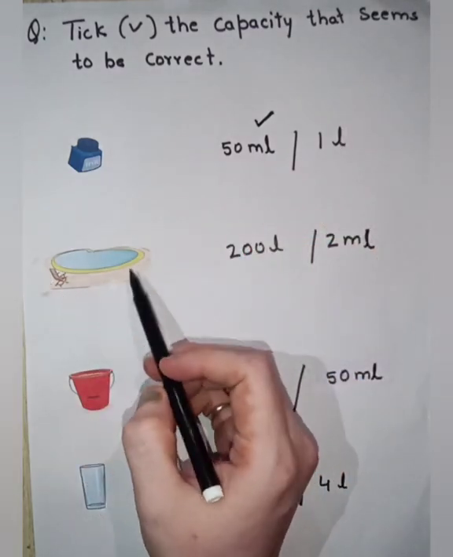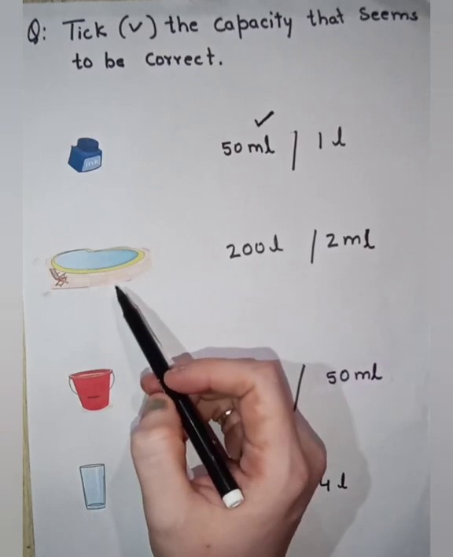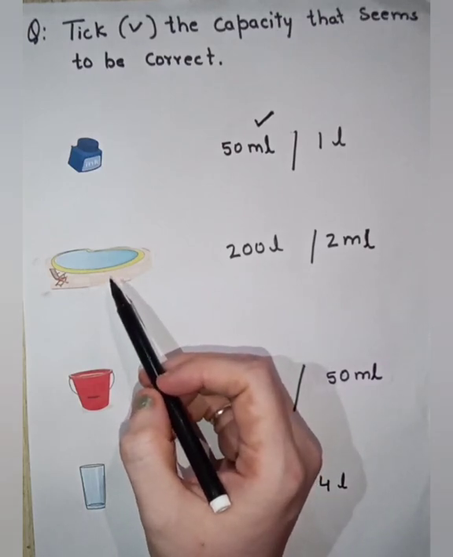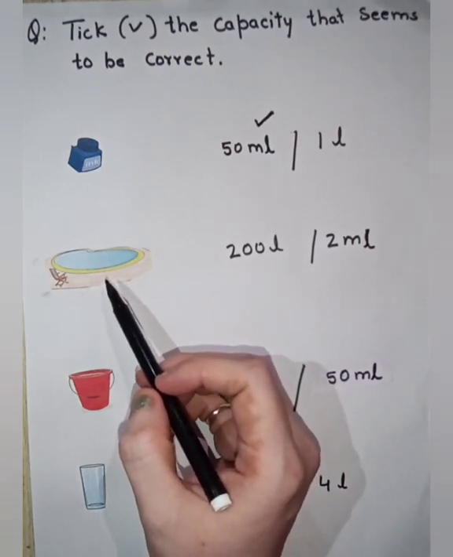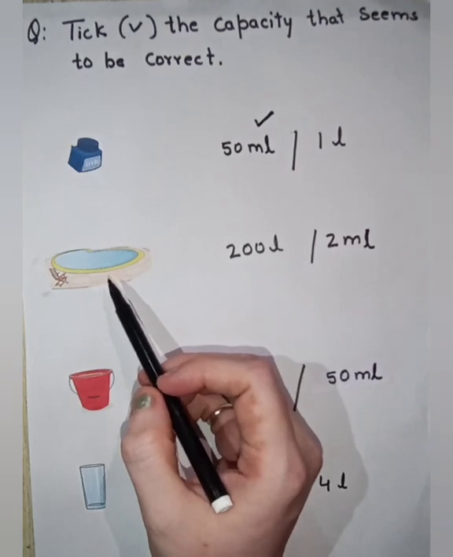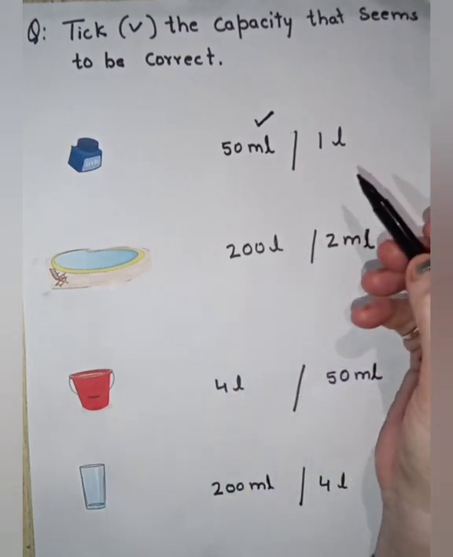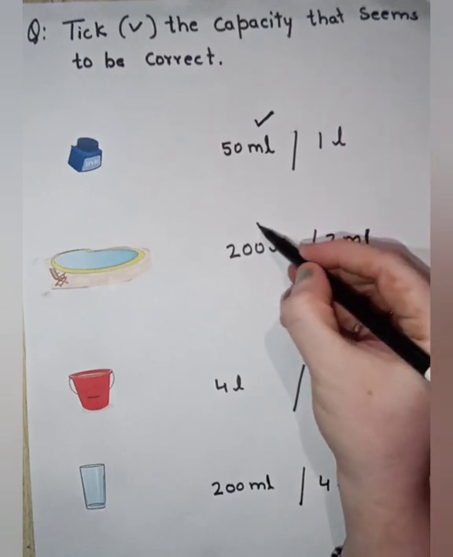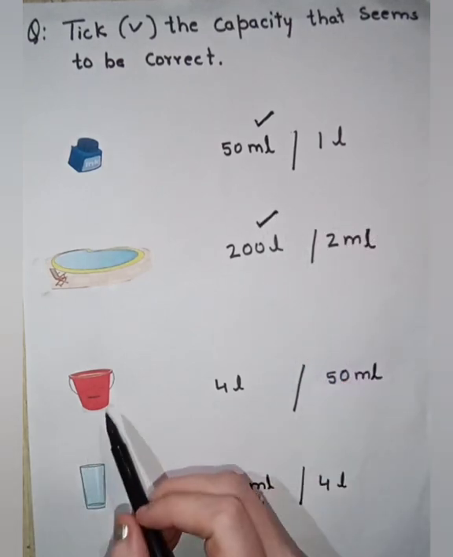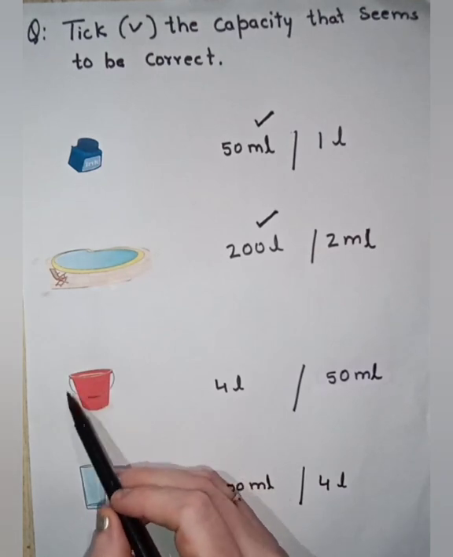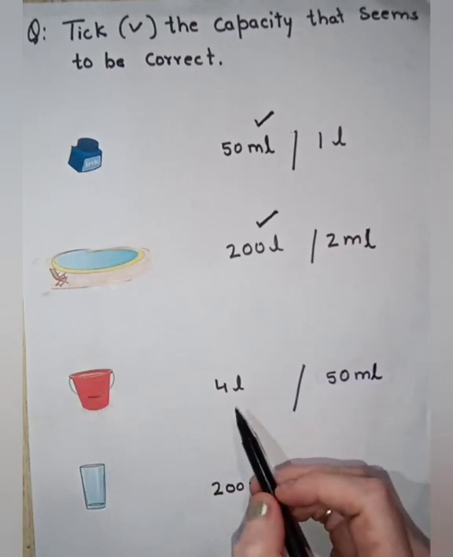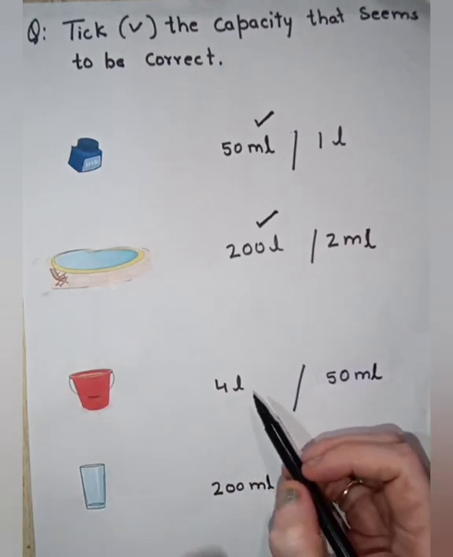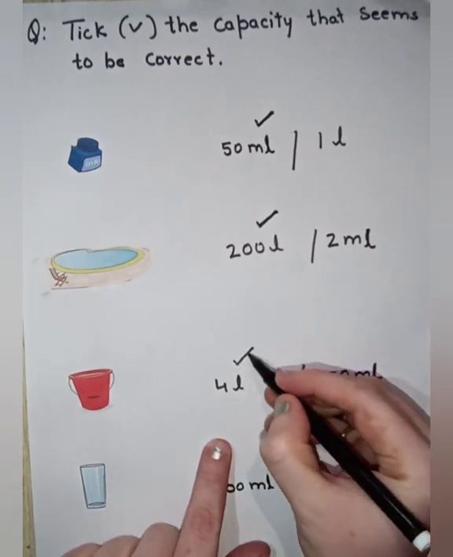Next one, water in a swimming pool. So, in a swimming pool, it means it has large quantity of water. So, we will measure this in liter. So, 200 liter. Next one is a bucket of water again. So, it will be measured in liter or milliliter. It will be measured in liter.